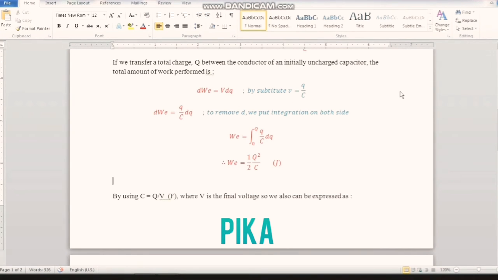If we transfer a total charge Q between the conductors of an initially uncharged capacitor, the total amount of work performed is dWe equal to V dQ, where V we substitute from the previous formula, voltage across the capacitor V equal to Q over C. So we get dWe equal to Q over C dQ.